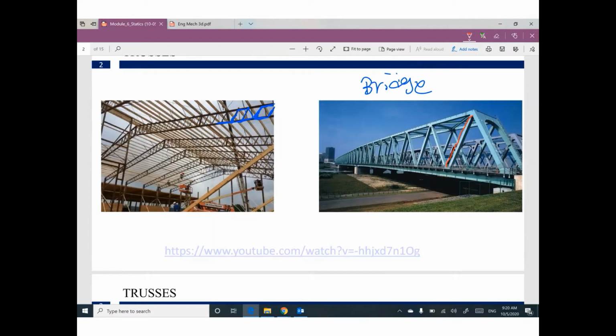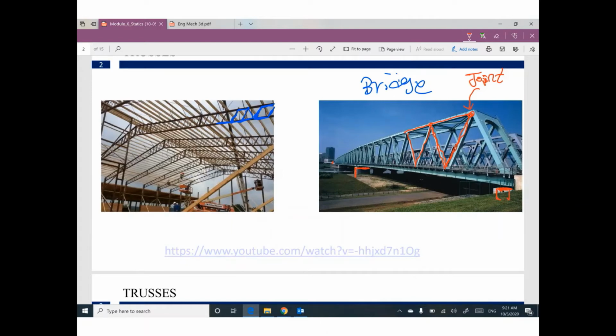So we have a steel member, another steel member, and all of these members are connected together here. This point is called a joint of connection. Finally, you form this shape of structure, and it rests here on an abutment.